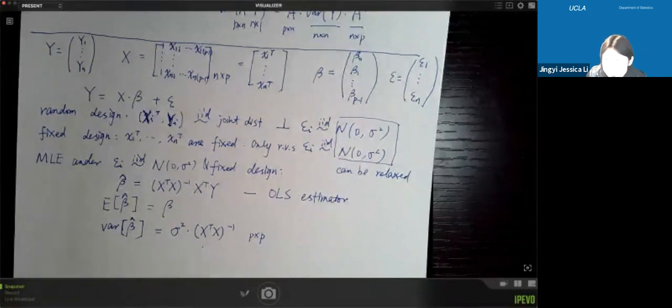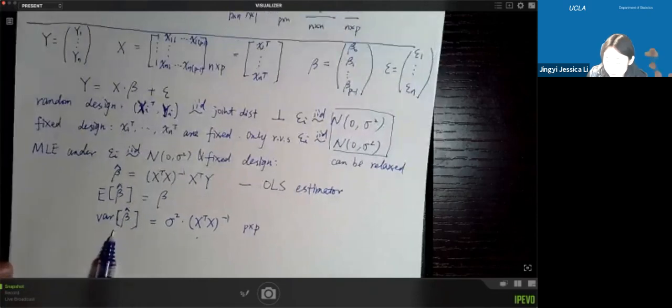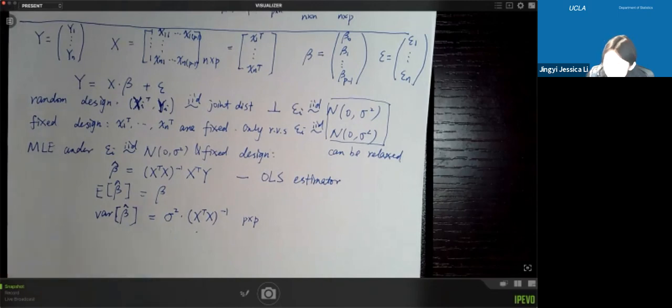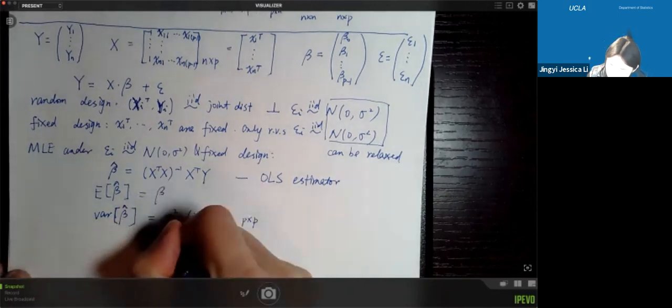Because it will involve some expectation, in econometrics people use plugin to estimate this variance. And that will give us the so-called sandwich estimator. That's in the notes. But in our case, you see, in the variance, the only term that's unknown to us is the sigma square, right? We just need to estimate that. And how do we estimate sigma square? We can still do MLE.